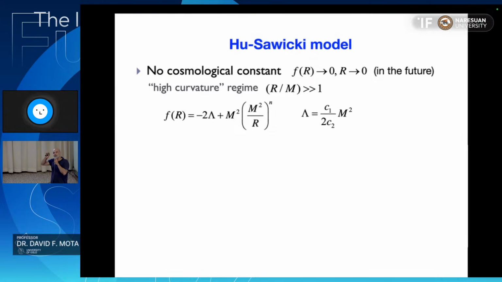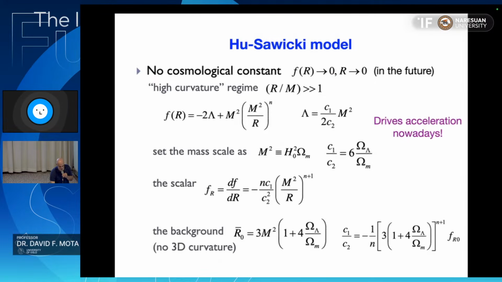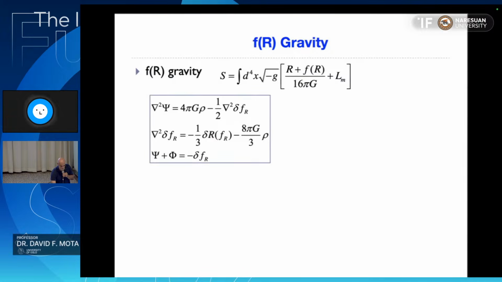Now, we want this model to behave like lambda CDM in the sense we want this model to drive the universe acceleration. So we need somehow to be sure that we have a cosmological constant in this f of r term. So in the high curvature, not really high, it's like nowadays curvature of the universe, okay, but when r is larger than m, my f of r, this is also an exercise for after class.